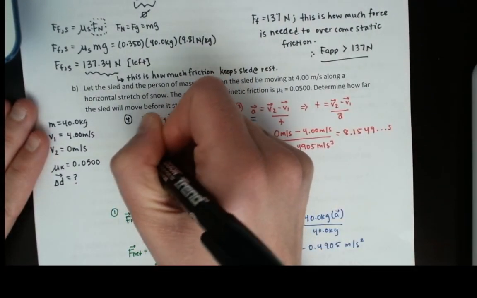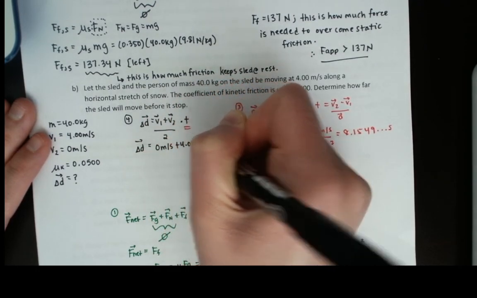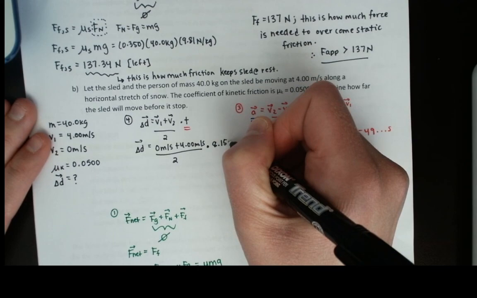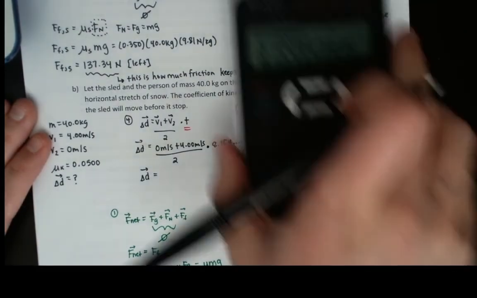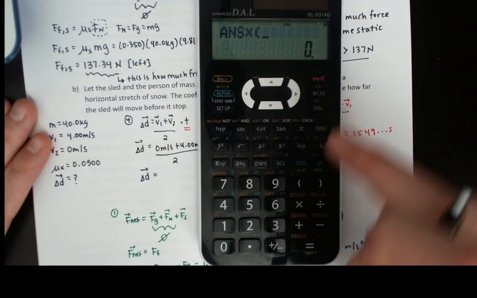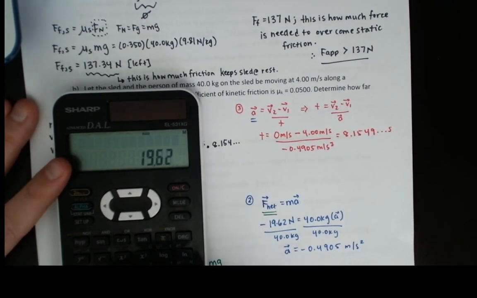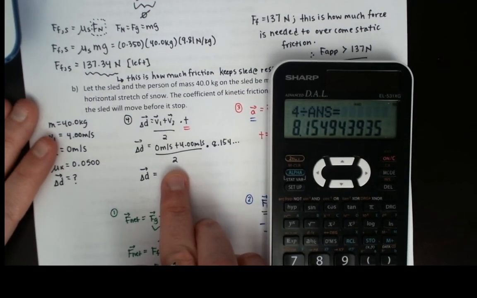So displacement equals 0 plus 4 divided by 2 multiplied by time, which is 8.154, etc. So 0 plus 4 is 4. 4 divided by 2 is 2.